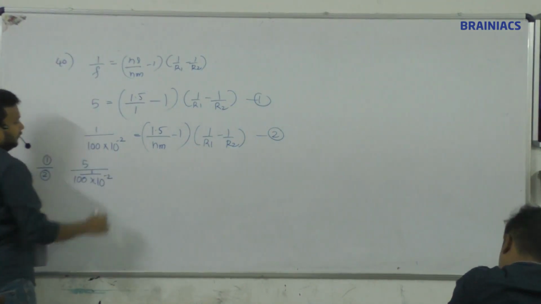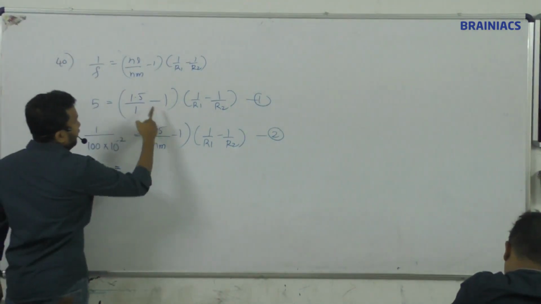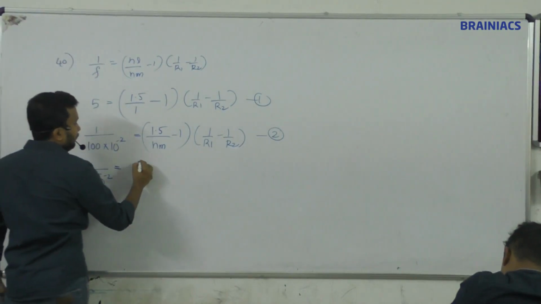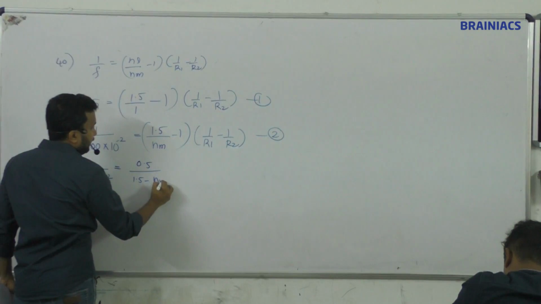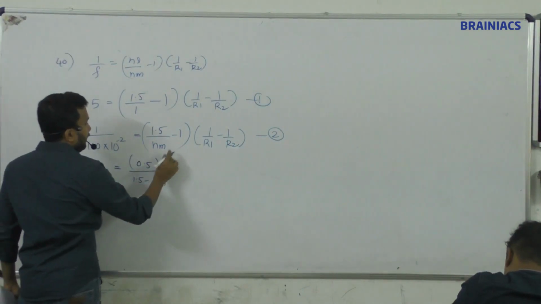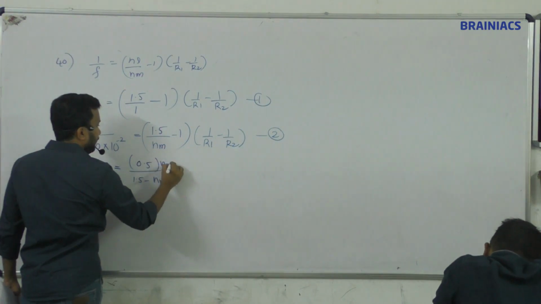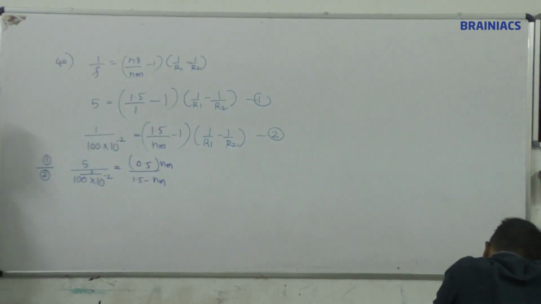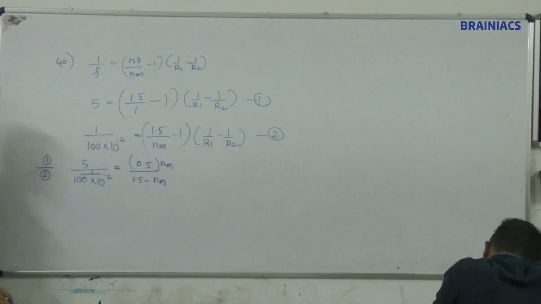1 is equal to 1.5 minus 1, that is 0.5, divided by 1.5 minus Nm, into Nm. So this 100 into 10 power minus 2 is 1.